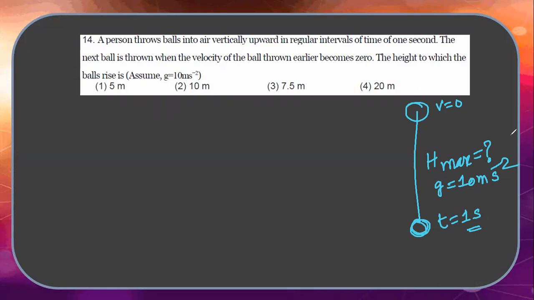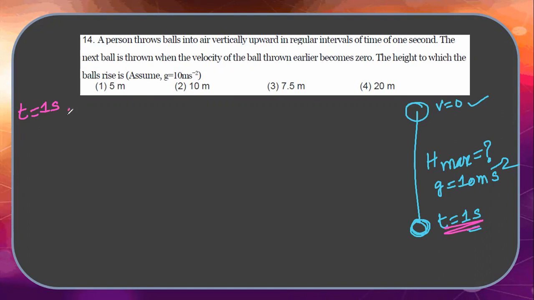That means after 1 second it reaches the maximum height. At the maximum height, velocity will be 0, right? So the time period is given as 1 second. T is equal to 1 second.